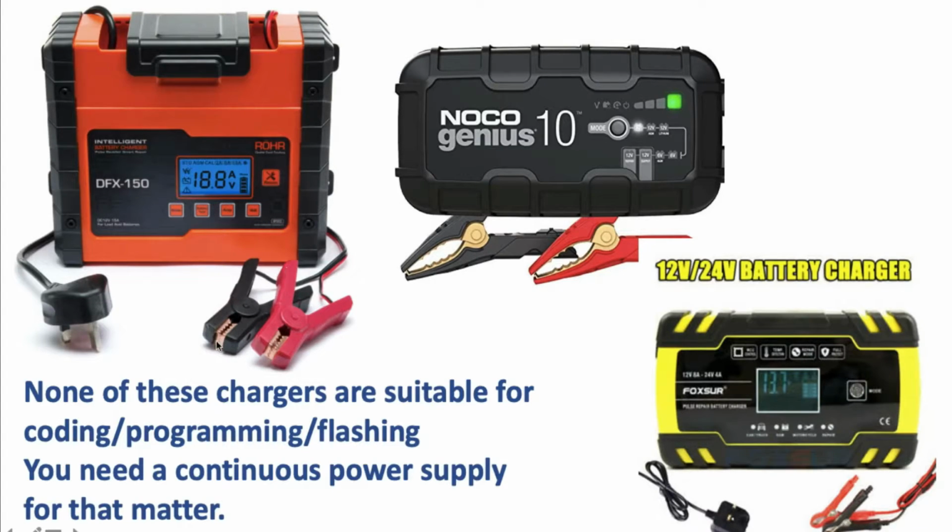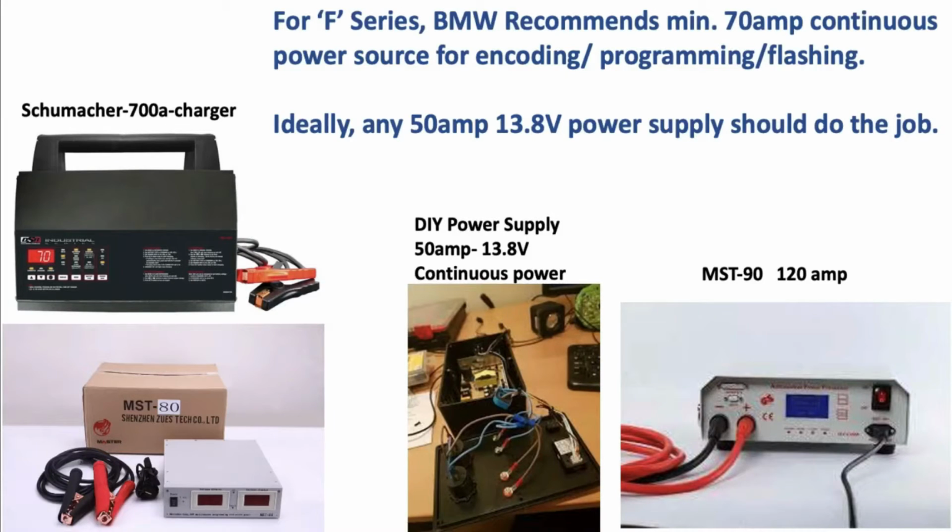But again, none of these chargers are suitable for coding, programming, flashing, neither on ISTA nor on ESIS or any other programming software. You need a continuous power supply for that matter. Moving on, talking about power supplies, BMW, especially for F series, recommends a 17 amp continuous power source for encoding, programming or flashing.